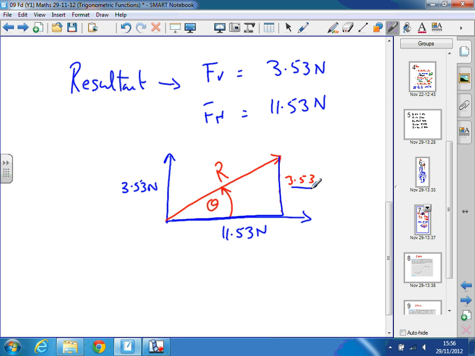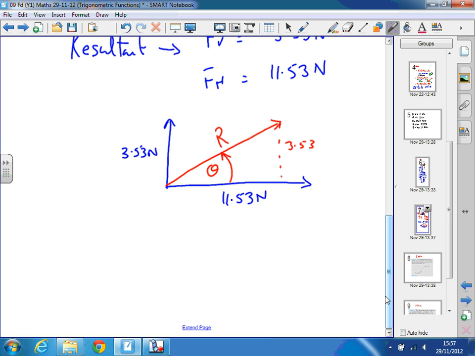And then what do we do now to find r and theta? The magnitude r and the angle theta. Yeah, to find r we use Pythagoras. So r squared is going to equal 11.53 squared plus 3.53 squared.